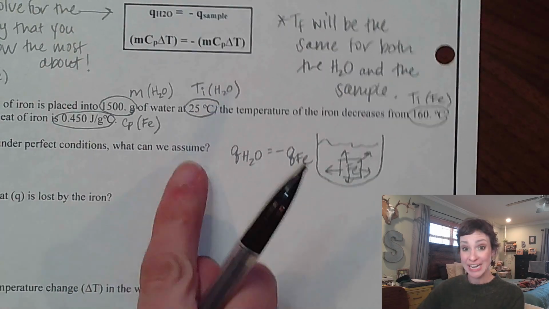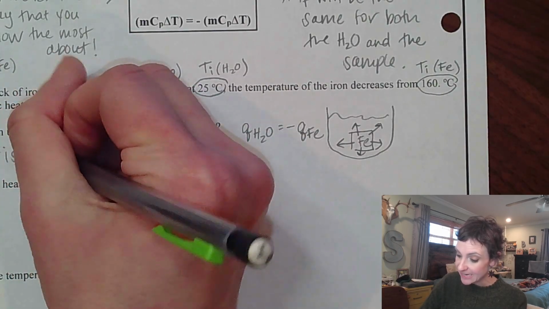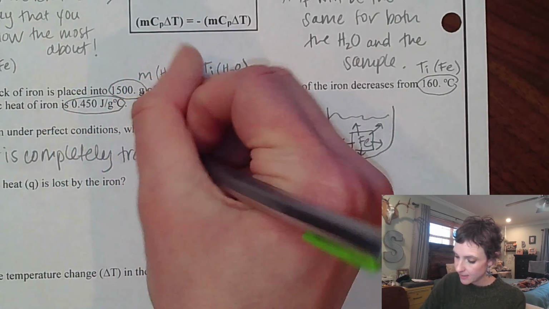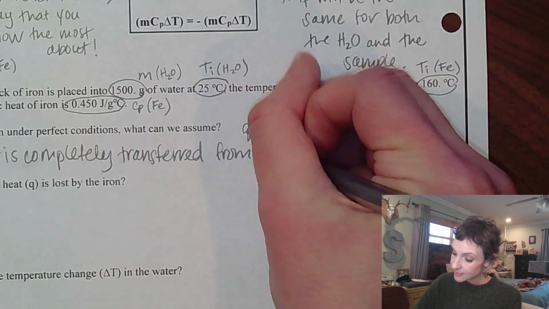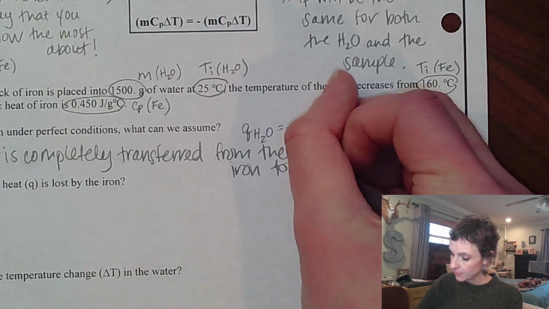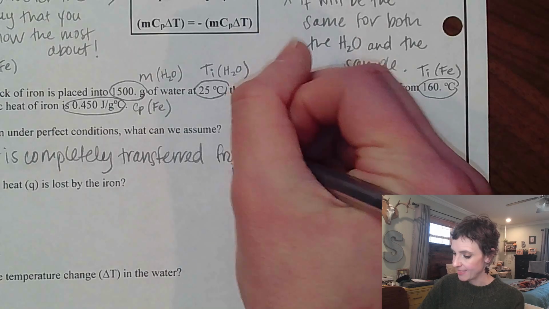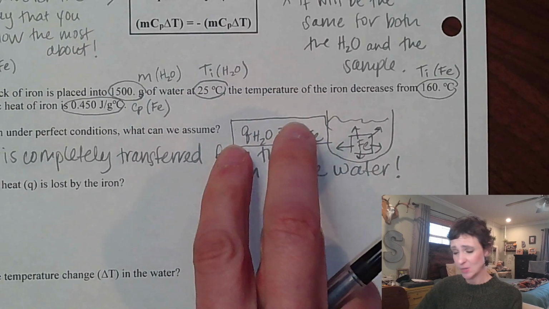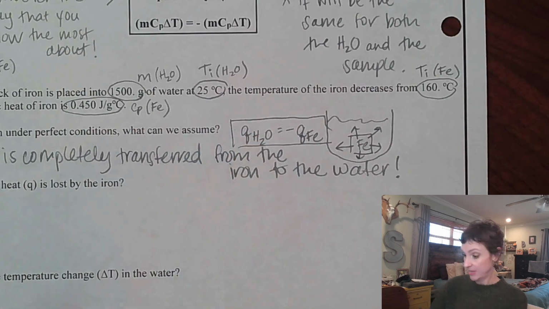Okay, so we're going to say heat is completely transferred from the iron to the water. Those Q's are the same, from the iron, who is a negative, to the water, being the positive.